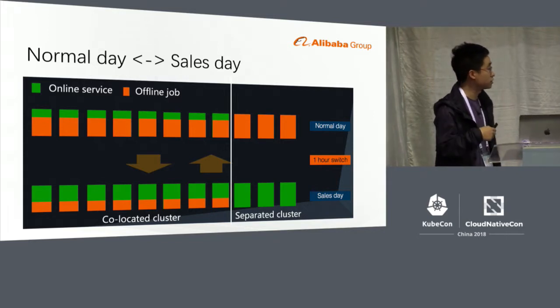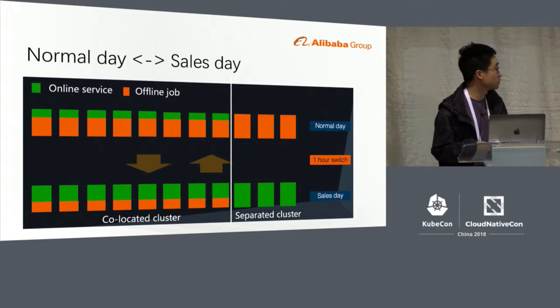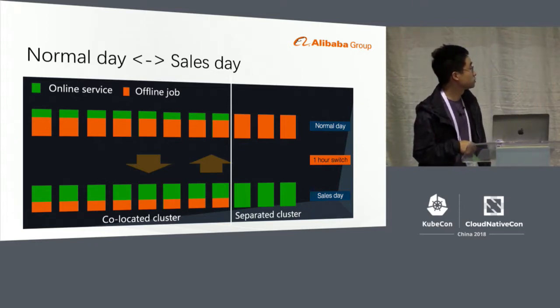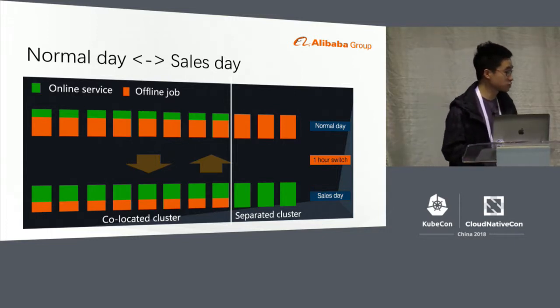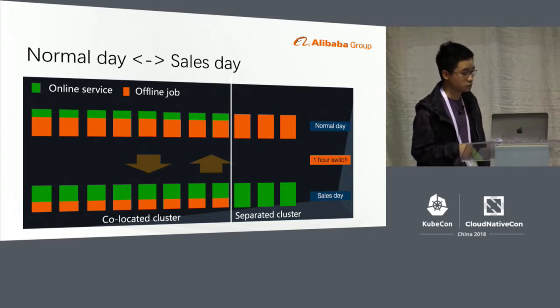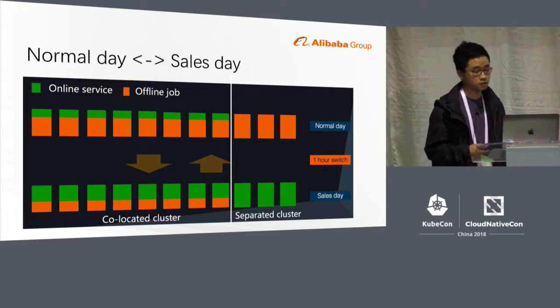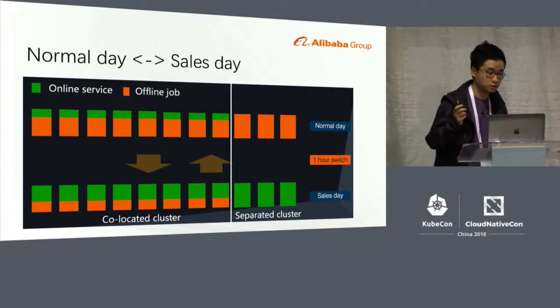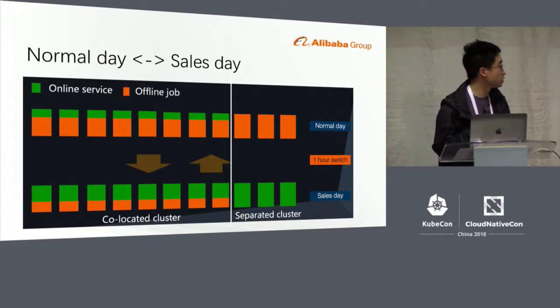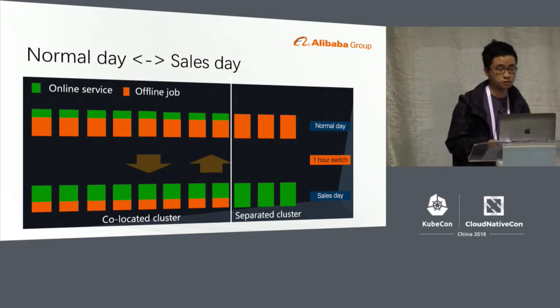But now, with this hybrid deployment, we can achieve auto-scaling. All those green are online services, and the green and the orange are offline jobs. So before the promotion, we will manually adjust these green parts. That is how we did it during the Double 11 which just passed.